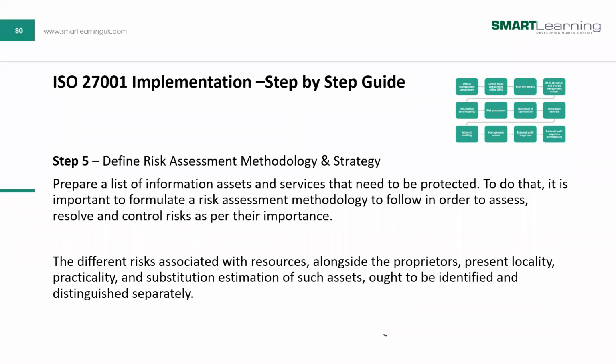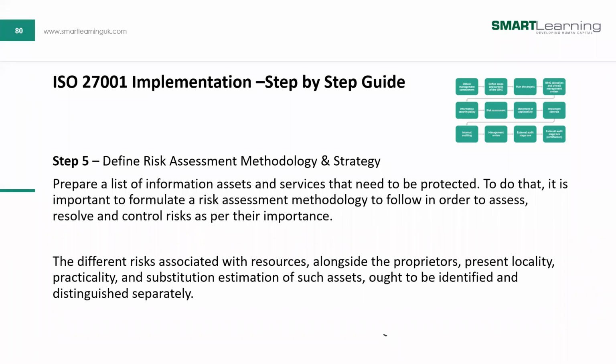Okay, it says to do that, it is important to formulate a risk assessment methodology to follow in order to assess and resolve risks. So if you follow an asset-based approach, you look at the weakness of the asset or the openings that would allow a threat to happen. And if it did happen, what is the likelihood and the impact? One of the steps after identifying the asset is how valuable are they? So you can either do it qualitatively or do it quantitatively.